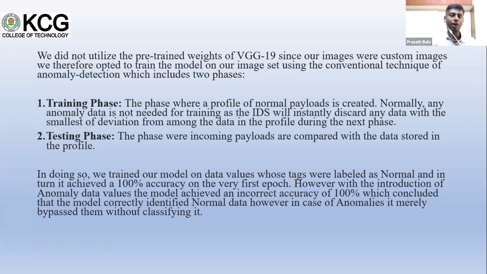We want the deep learning model to learn only the normal data, because whenever abnormal data, an anomaly, happens, and as we saw in previous slides that everything is converted to an image, you will see an improper pattern in the image. That is enough for the deep learning algorithm to say it has detected some anomaly.